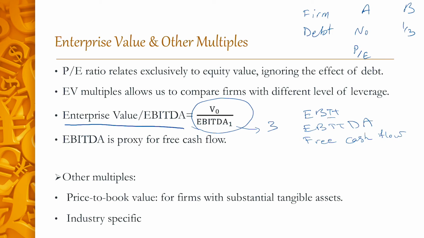Or another example is that if we want to value two firms in the cable TV industry, we are going to value them by using enterprise value divided by the number of subscribers to that cable TV.